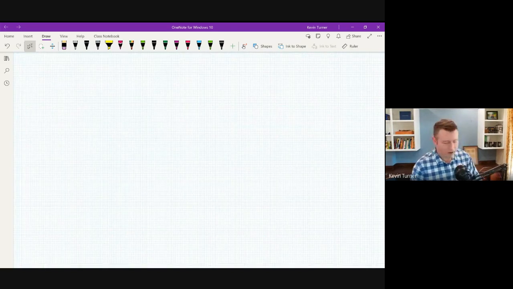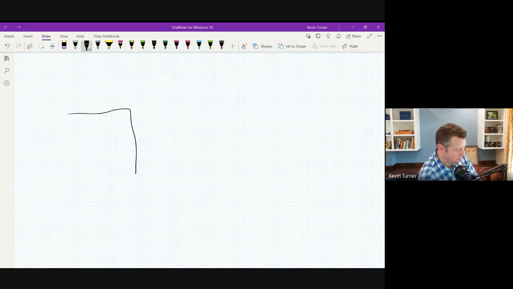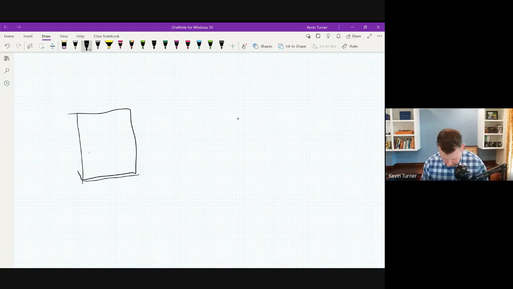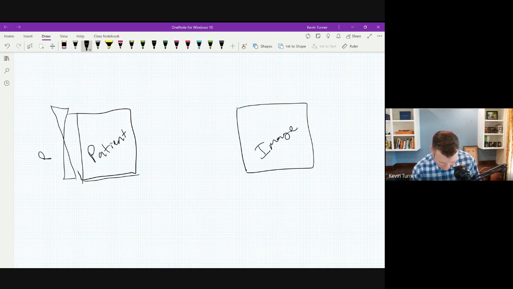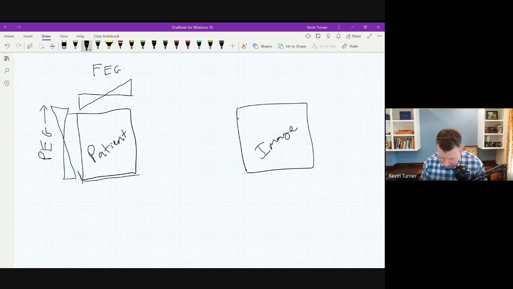So we talked a lot about how we have the patient inside the machine. And over here, we have our image. Over here, we have a phase encoding gradient, and we have a frequency encoding gradient.